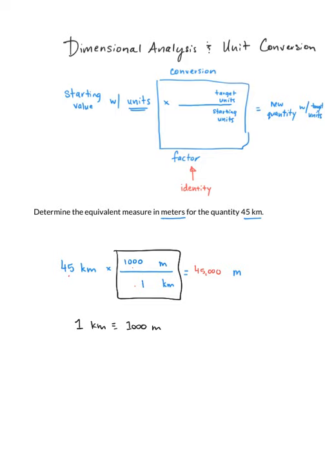When we work with units, we multiply kilometers by meters and then divide by kilometers. Dividing kilometers by itself causes them to go away. And the only thing that we're left with at the end is meters, the units that we targeted in the first place. We'd say that the equivalent measure in meters for this quantity of 45 kilometers is 45,000 meters.